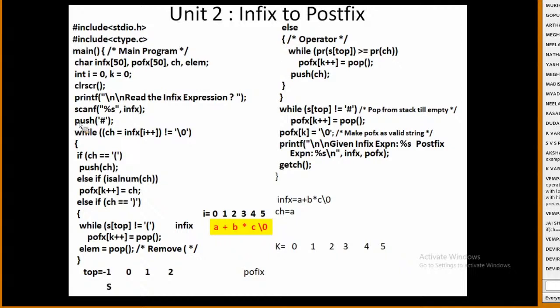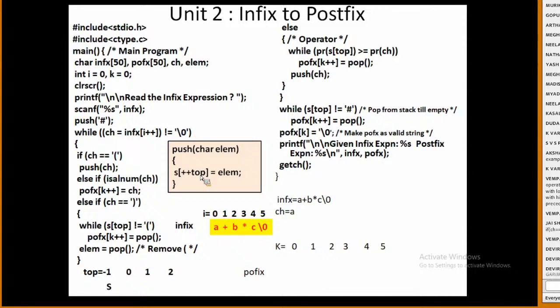Now next, push. What is push? Push is a function. Just for your understanding, push hash. Now this particular character goes into elem and it gets pushed into s of plus plus top. You remember top was initialized to -1.